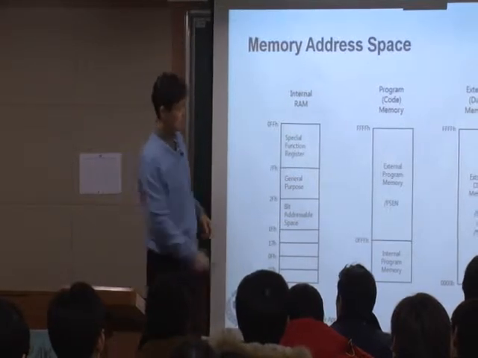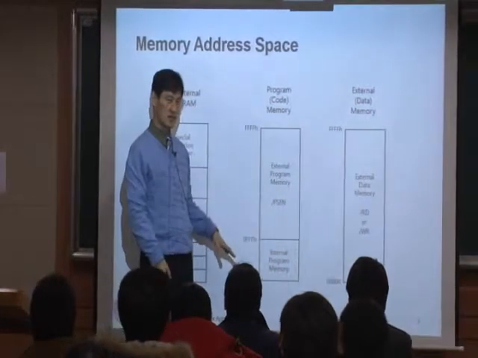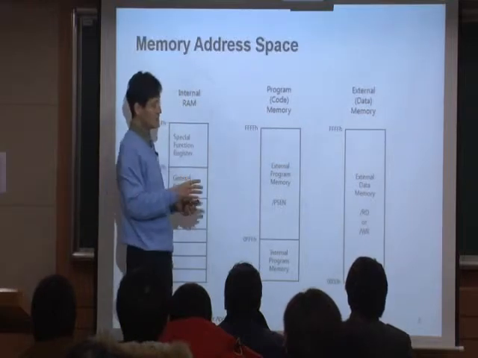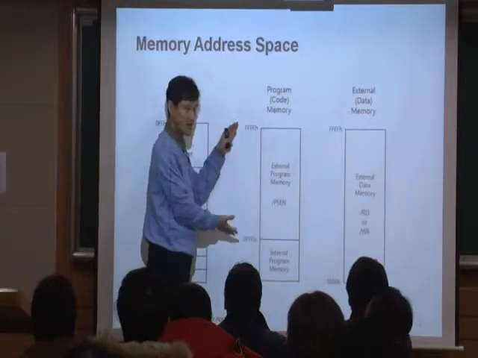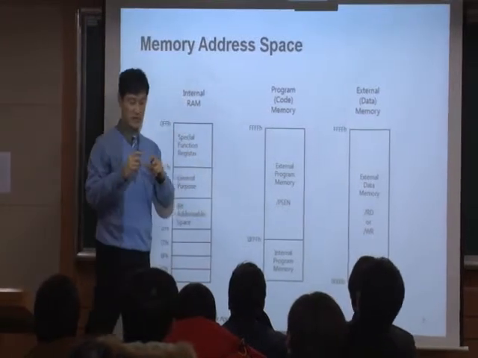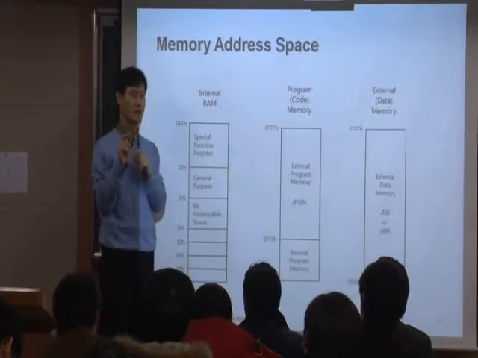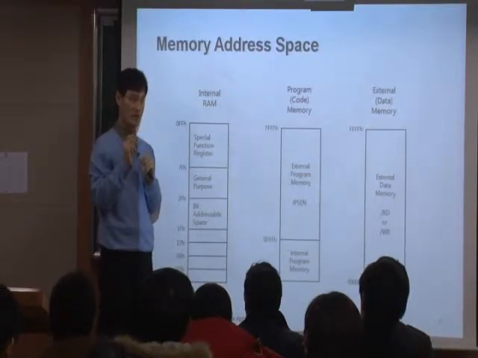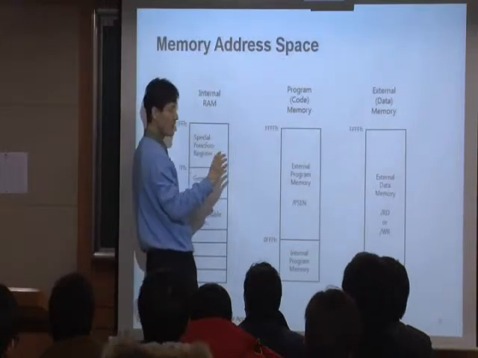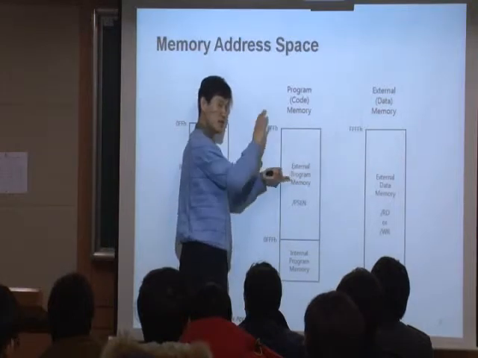Right now we don't have the houses. Same thing here. We have 64K of address space. That doesn't mean you have to use all of it. Maybe you buy a small memory with a size of 4K.